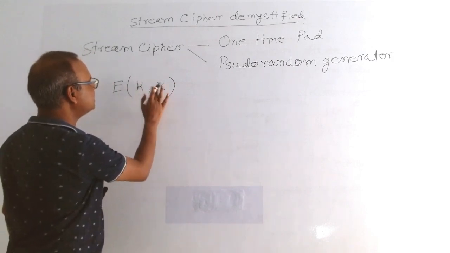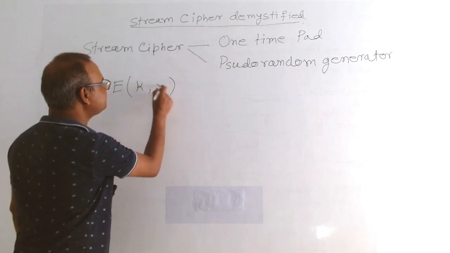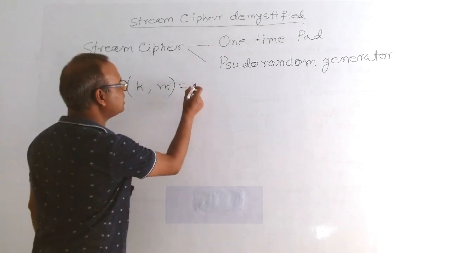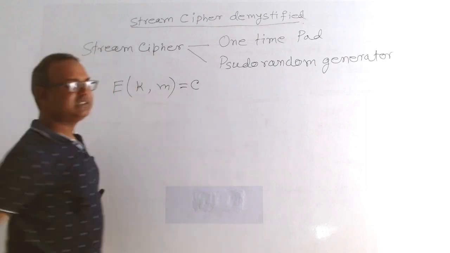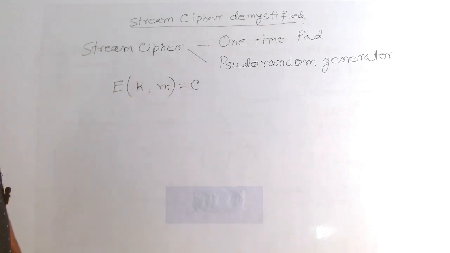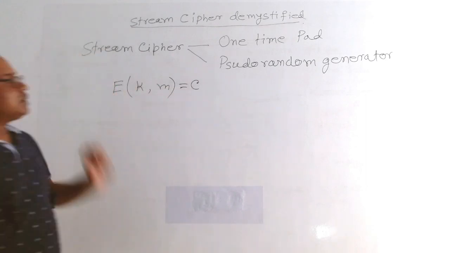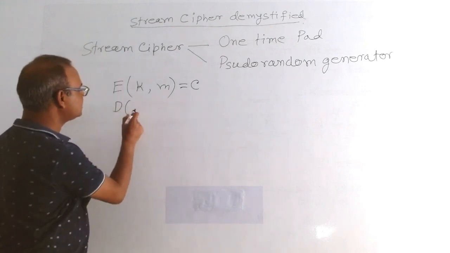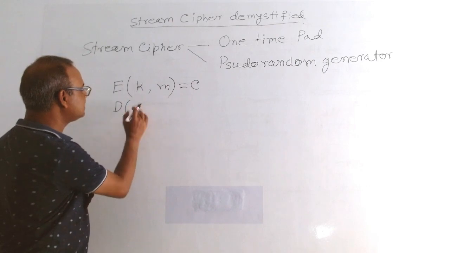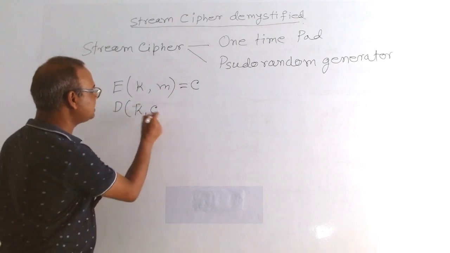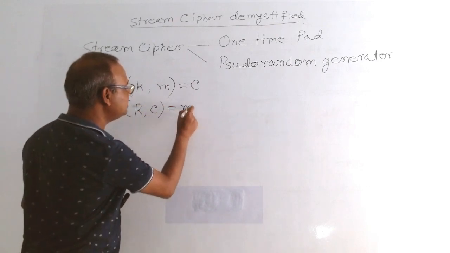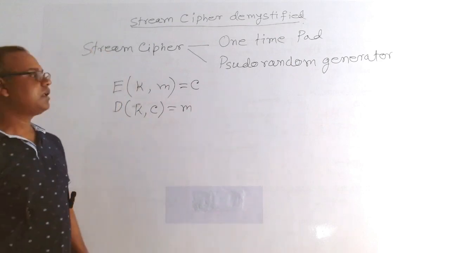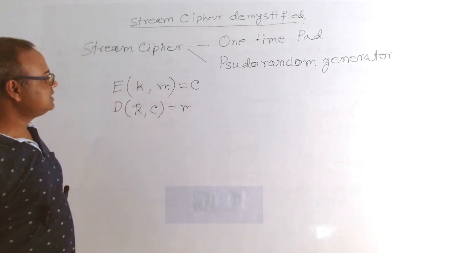So let me change this, and it will produce a ciphertext called C. And there is a decryption algorithm. Decryption algorithm takes the key and the ciphertext, and it will return the same message m. How is this done?